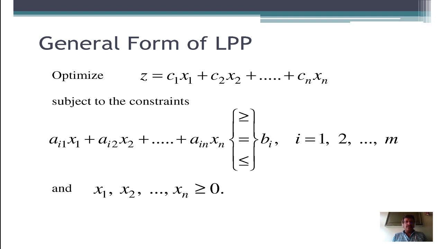Optimize z = C1x1 + C2x2 + and so on + Cnxn, subject to the constraints Ai1 x1 + Ai2 x2 + and so on + Ain xn, either greater than or equal to, equal to, or less than or equal to bi, where i varies from 1 to m, and the variables x1, x2 and so on xn are all of non-negative nature. Being a solution, we can't have negative values of the variables.